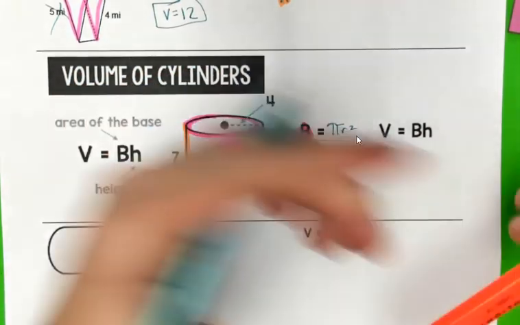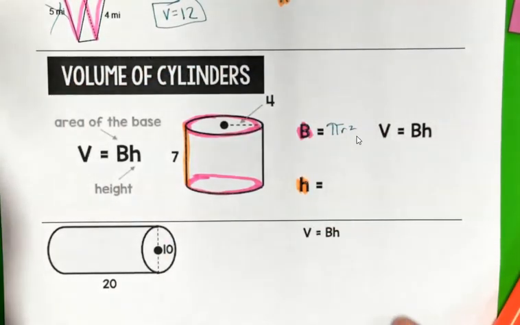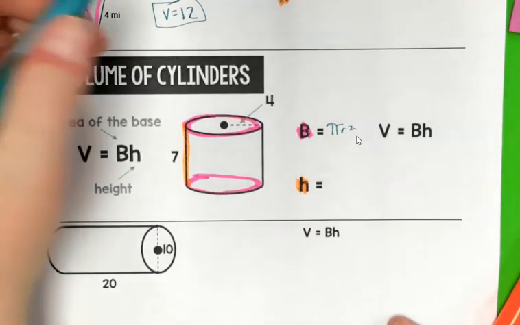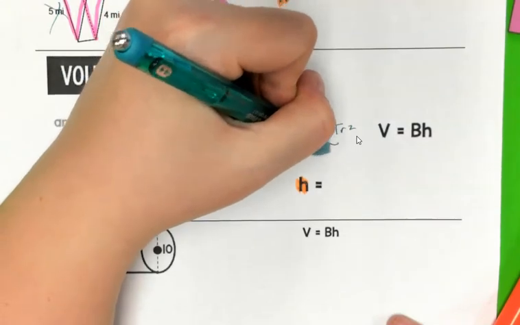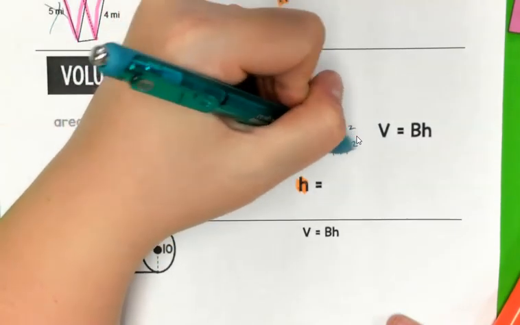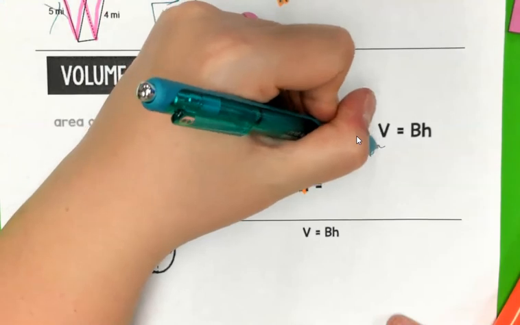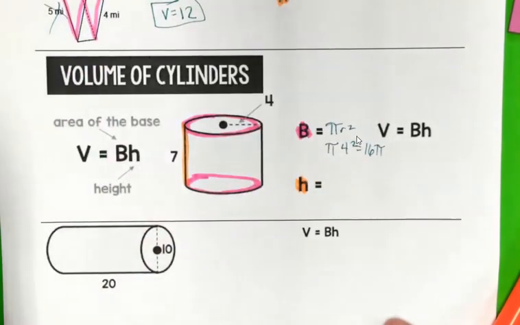So it kind of just cuts out perimeter, but you still have to find all the other same stuff, which is nice. The area of our base is pi times 4 squared, so 16 pi. And remember, we won't put that in until the end.